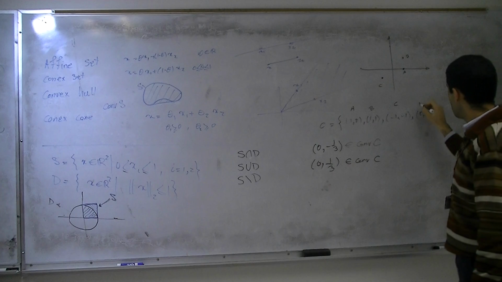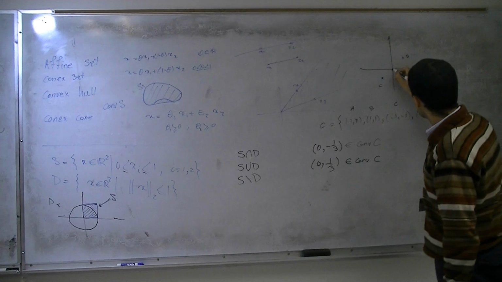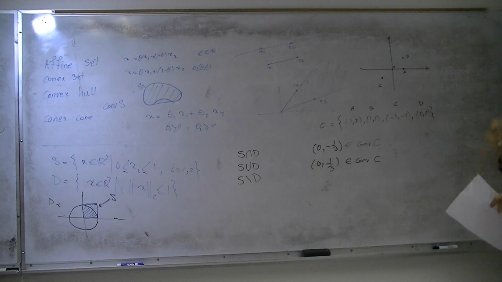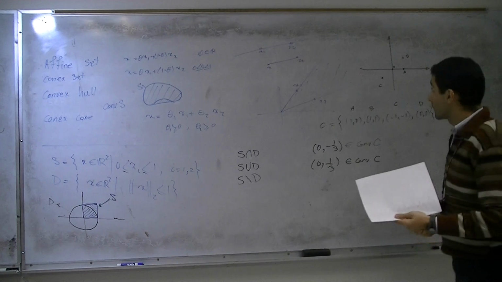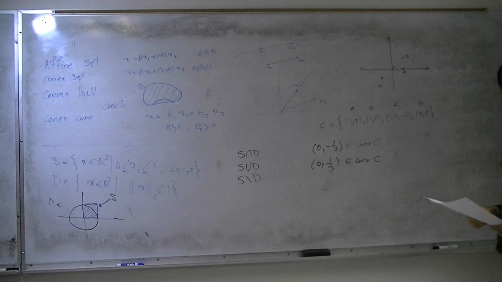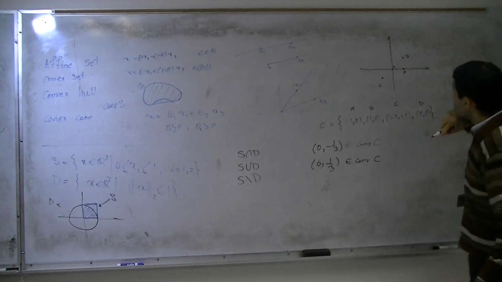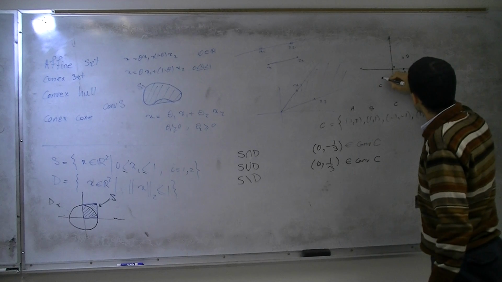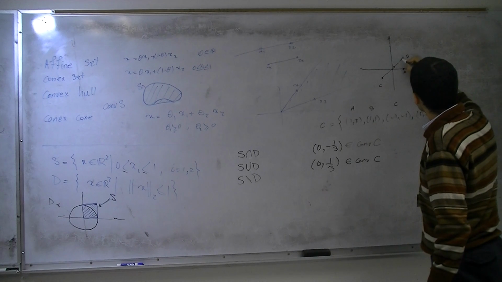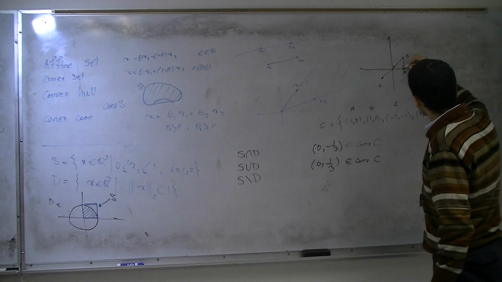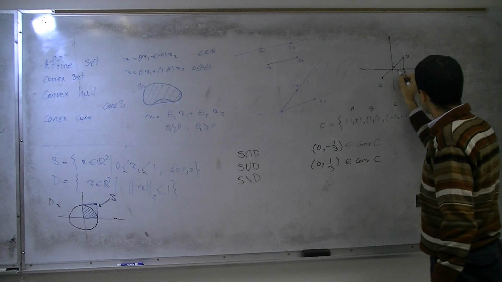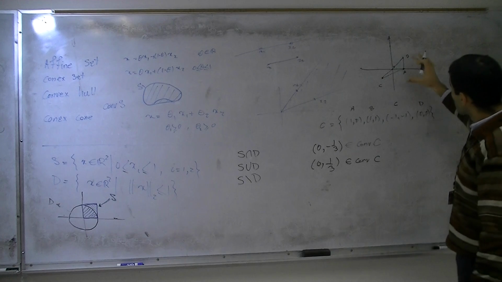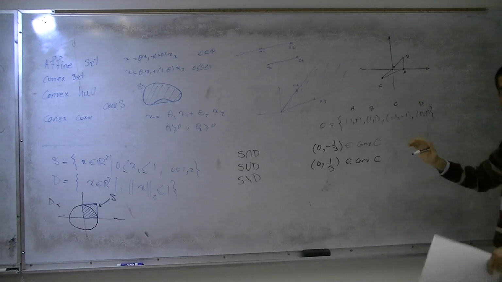And D here is (0, 0). Okay. Any suggestion for the conv of C? Conv of C is ABC, in this shape, because it contains all of the points and is convex.